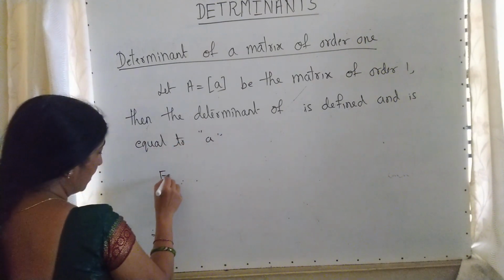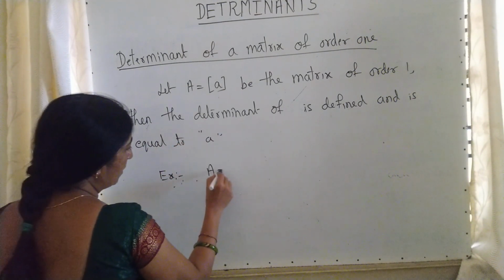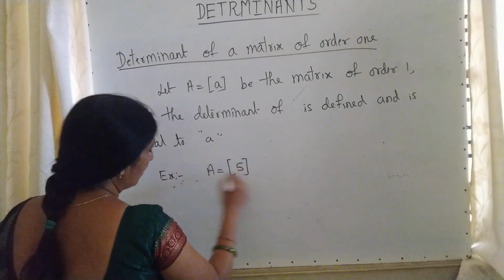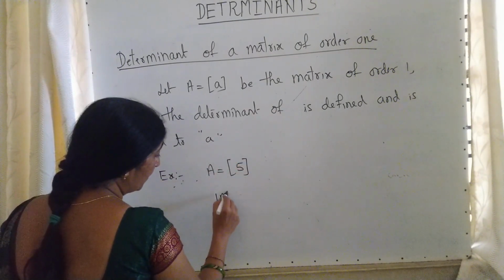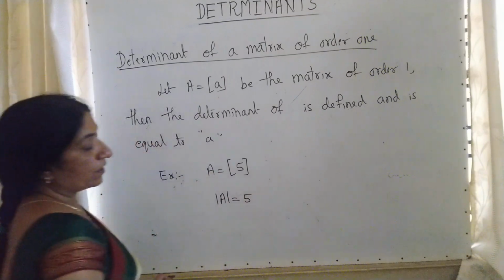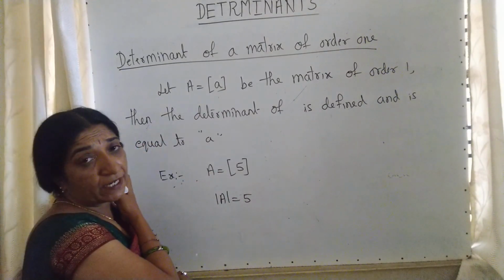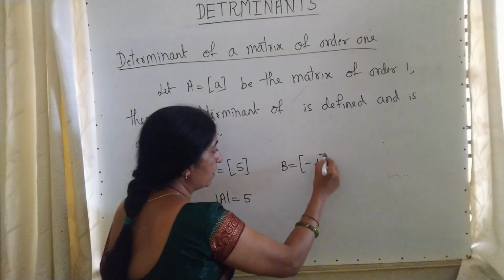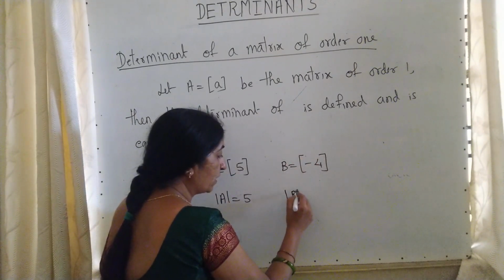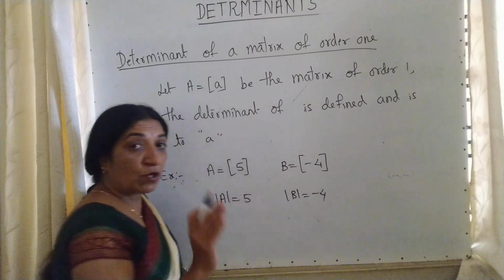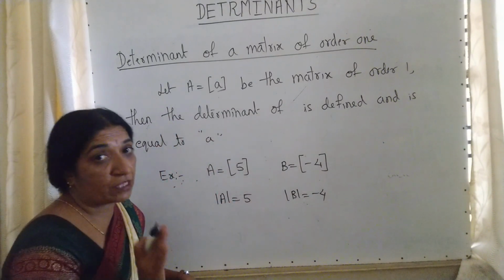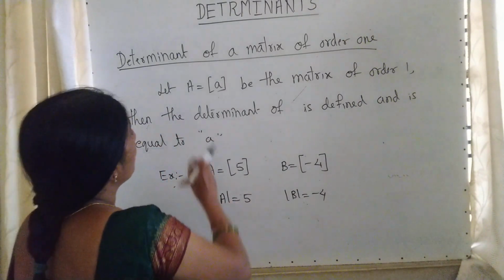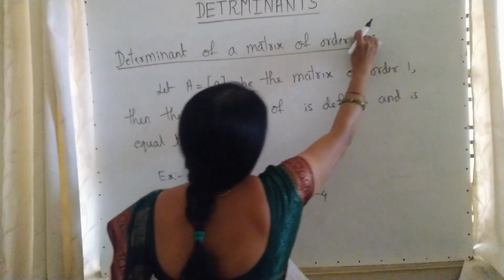For example, if you have a matrix like this, any number, say 5, then its determinant is 5. If it is a negative, don't make it a plus. For example, if it contains minus 4, its determinant value is minus 4 only, because it is not the modulus. Understood? Now I am giving you determinant of a matrix of order 2.